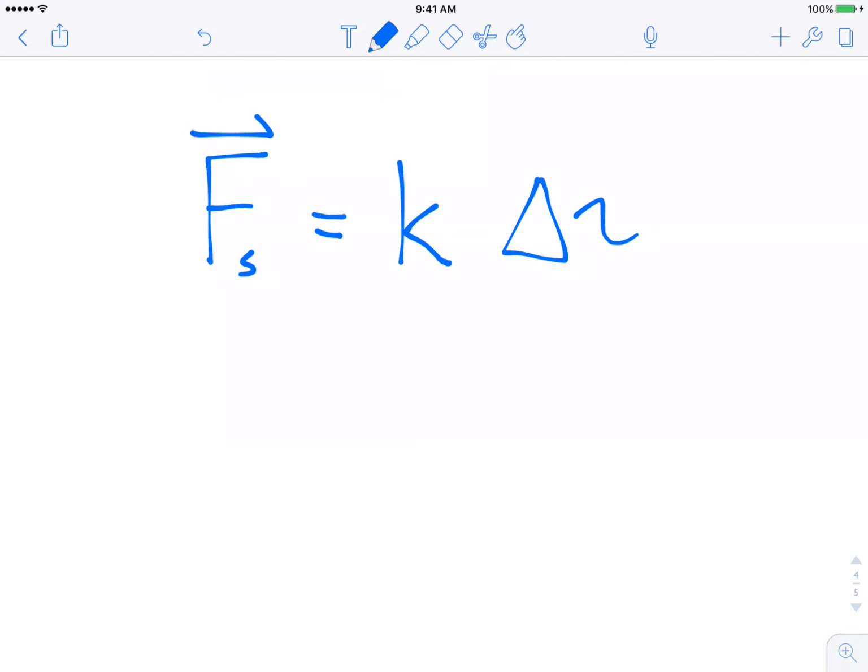And that mathematical relationship simply said the spring force is equal to the spring constant, so there is a constant in the formula, multiplied by the stretch. And so that is Hooke's law.